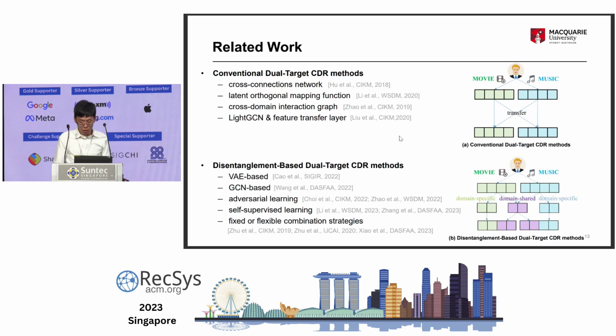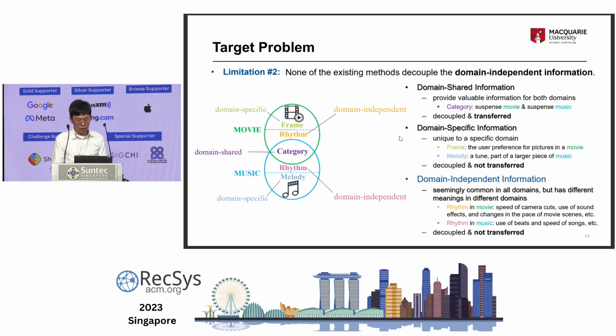But for our work, we think there should also be one more kind, the domain-dependent information. Although we have used the attention mechanism to fuse all of the user preferences together at last, I think these three kinds of user preferences are not equally important.